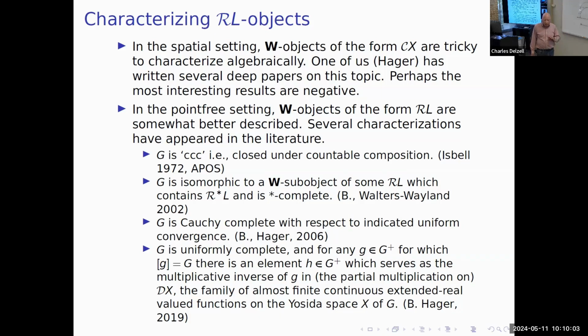You have there not a total multiplication, but a partial multiplication. And the condition here is that you must have inverses for these big elements. Anyway, my only point here is that it's an interesting and rather complicated issue as to when a particular W object is the R of L.